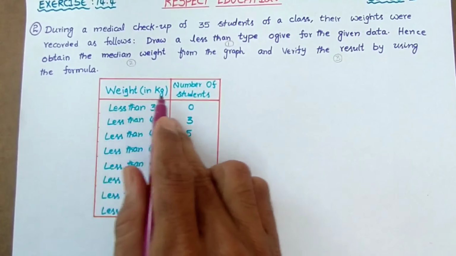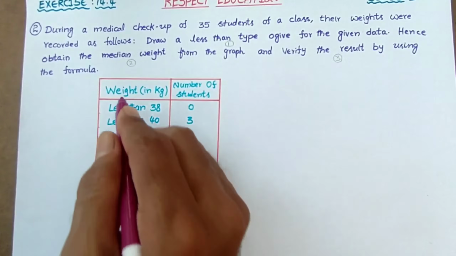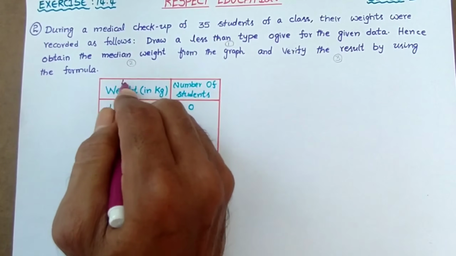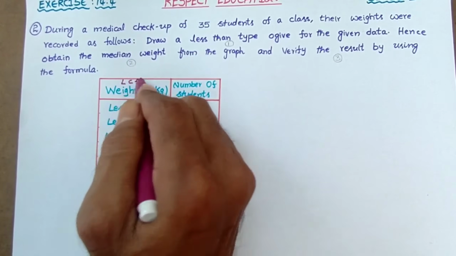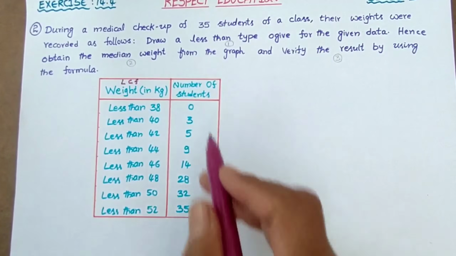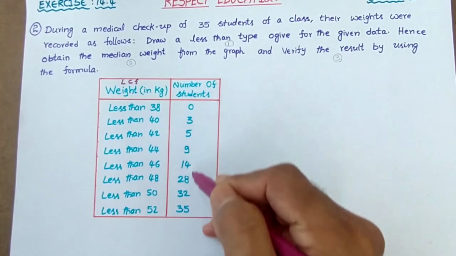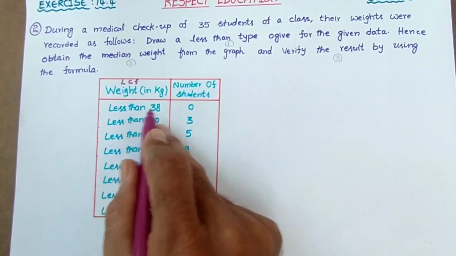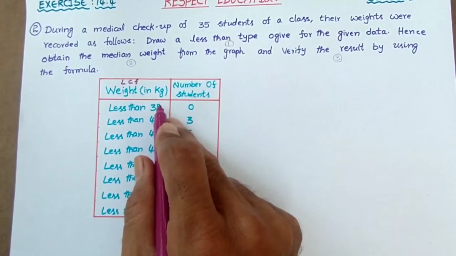Weight in kg is given as less than 38, less than 40, less than 42. So, this is the less than cumulative frequency, we can say, class intervals, whatever it is. Here 0, 3, 5, 9, they go on increasing. Less than 38 is 0, less than 40 is 3, and this 3 includes less than 38 also.